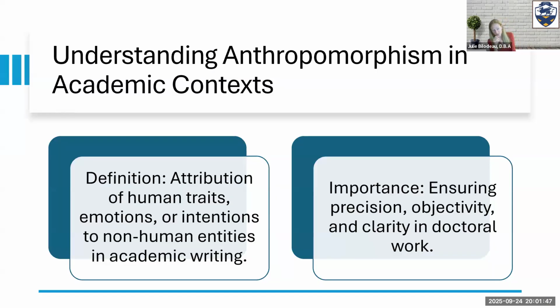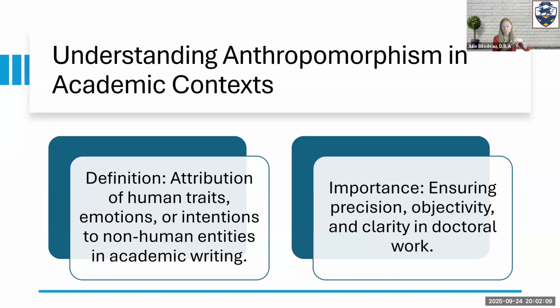So, understanding anthropomorphism. Again, this is in the academic context, because that's where we are. The definition, exactly what JR said: you're giving human traits, characteristics, emotions to non-human entities, specifically in academic writing.